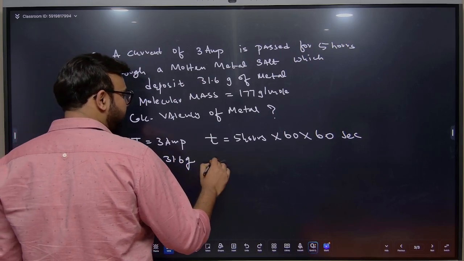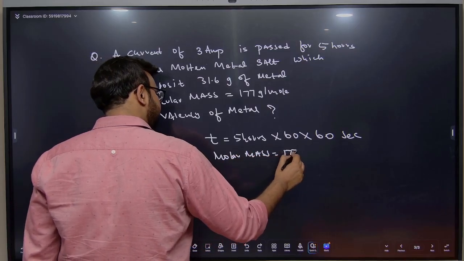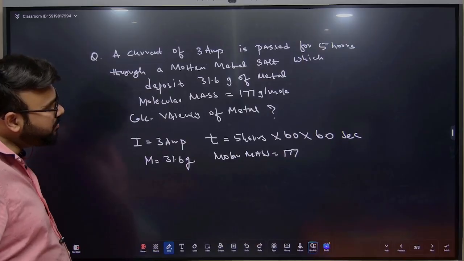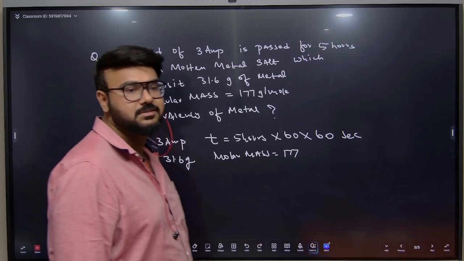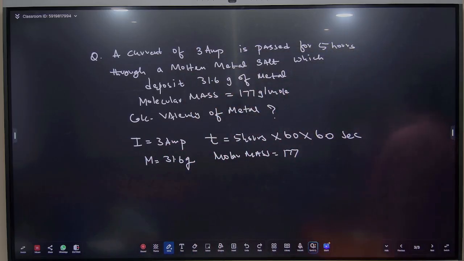Then you have molar mass, 177. But how do you get valency from this? All I know is M is equal to ZIT. From where did this molar mass come up? Think about it. Think for a minute. I want you all to think about it.